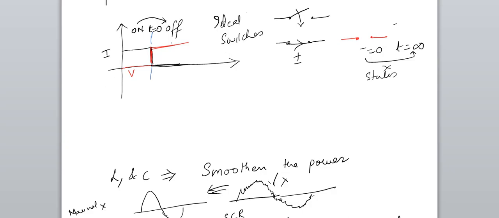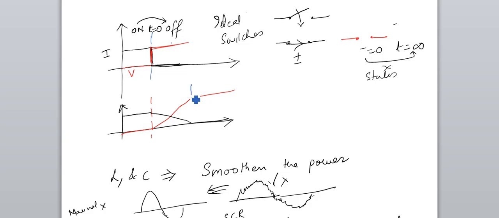But the same condition does not happen for your real switch. For a real switch, if the current is this and the voltage is this during the on condition, the voltage changes its state like this, and your current goes to 0 like this.